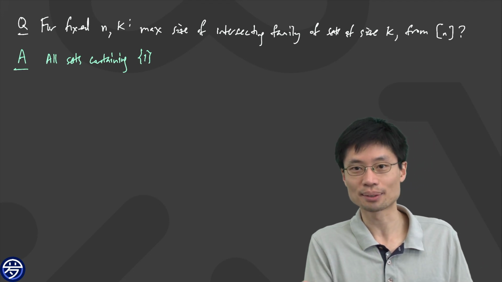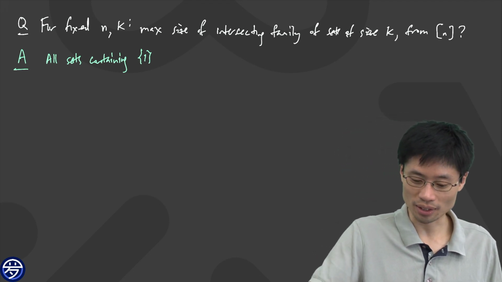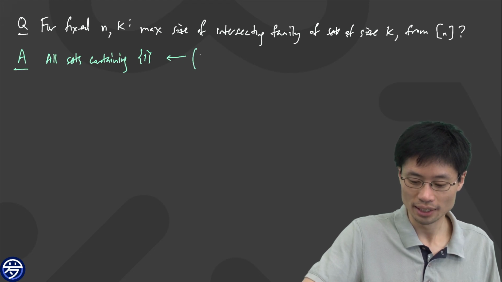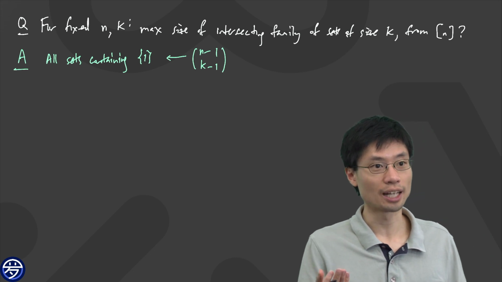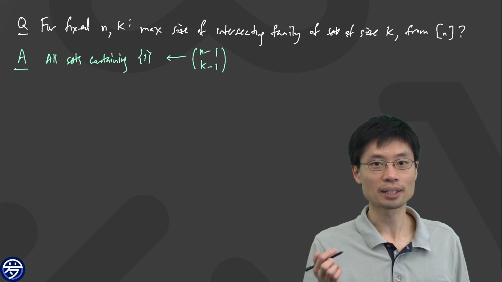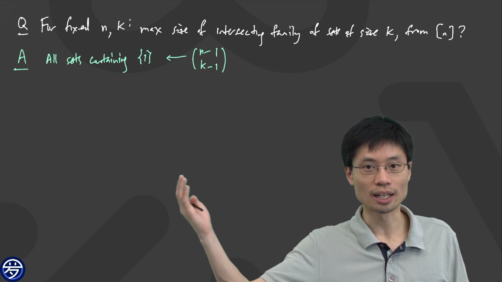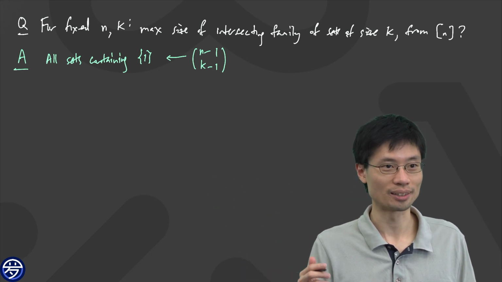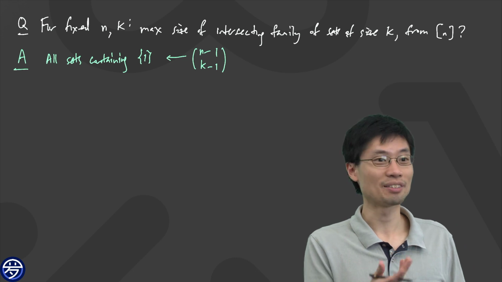I'm not going to do k equals 0, that's kind of dumb. But if they're all sets of size k, then the number of ways I can do this is n minus 1 choose k minus 1. The reason is that, out of the n minus 1 other elements, I can choose k minus 1 of them and then stick the 1 on. That's one way. Does anyone have any other constructions?